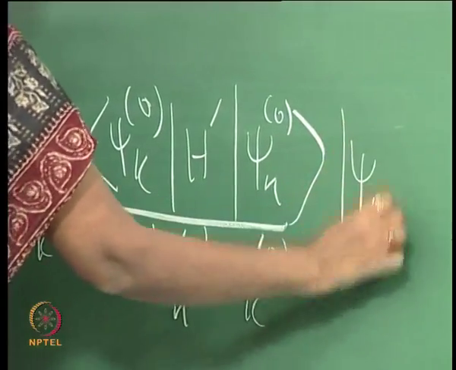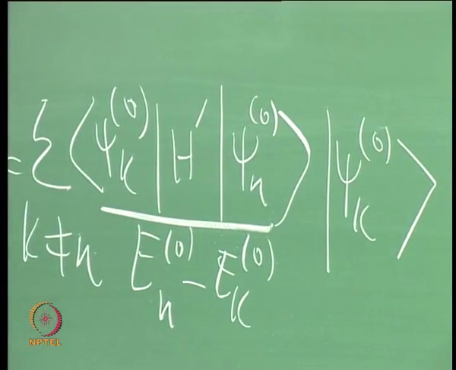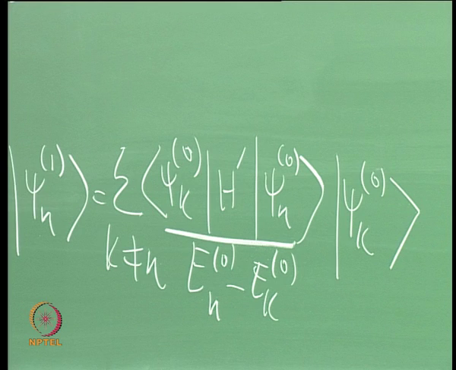It is good to pause here and understand what exactly this matrix element means. Now, look at the numerator. The matrix element there is the transition matrix element. H prime takes this state psi n 0 to psi k 0, and we can in short form call that H prime subscript k n.